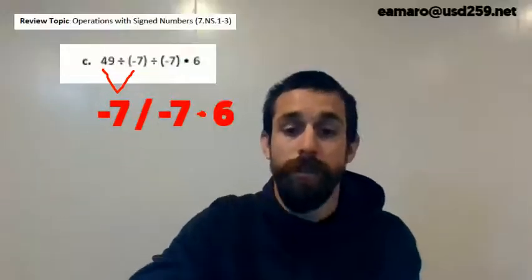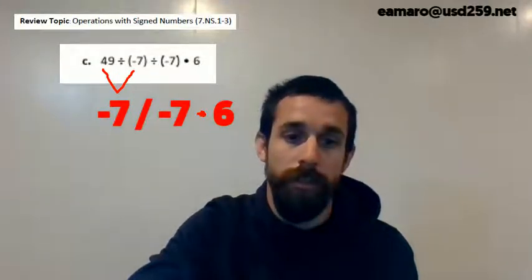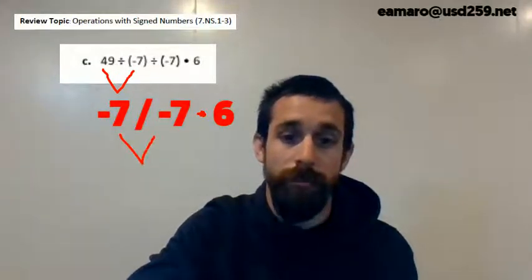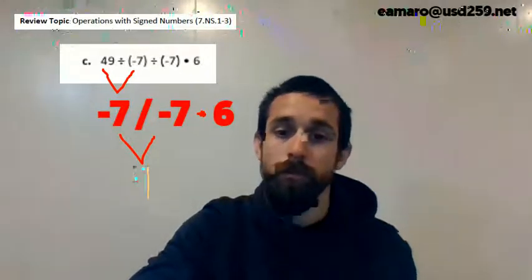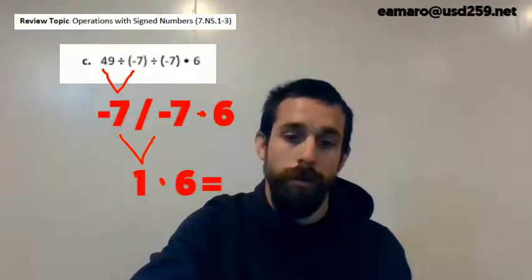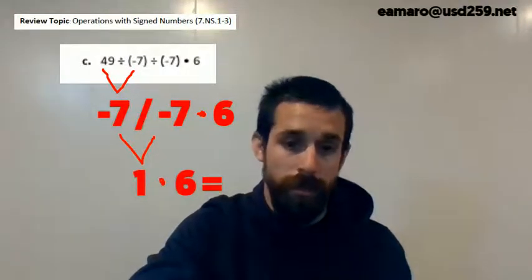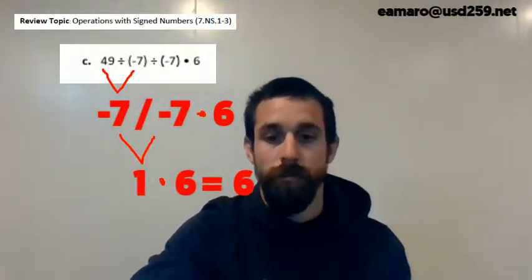So -7 divided by -7 times 6. Next up, I need to do -7 divided by -7. A negative and a negative make a +1. Now we have positive 1 times 6. And obviously the answer is 6.